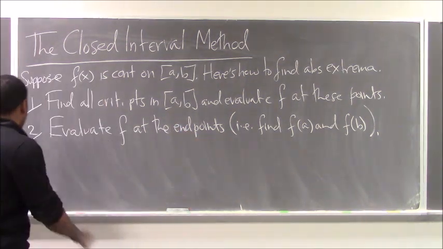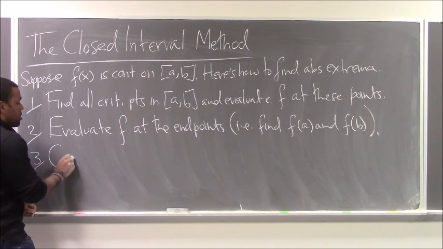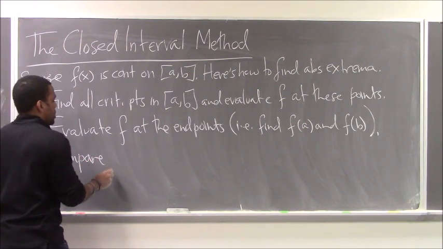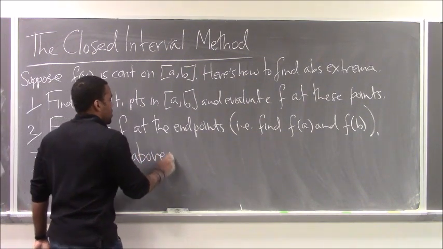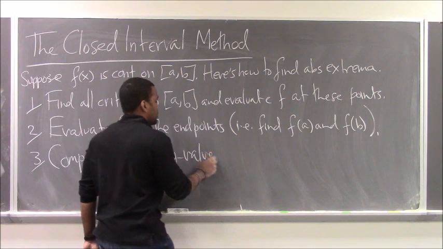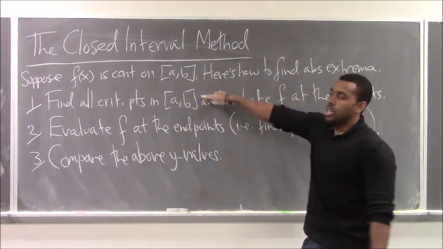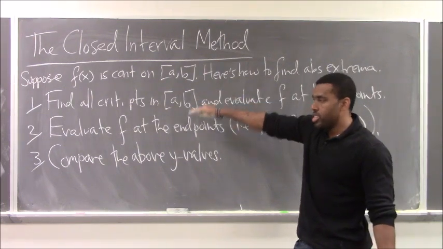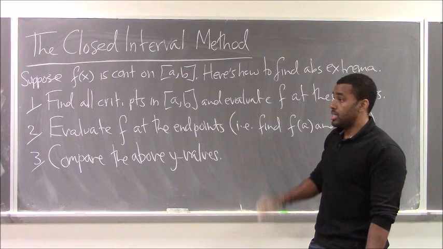Now the next thing you're going to do is compare the above y values. So if you find critical points, you'll get some y values here, but you'll definitely have at least 2 y values, namely the guys in step 2.